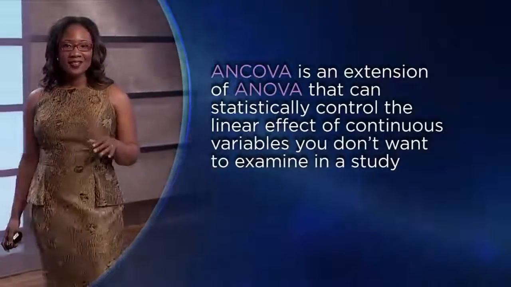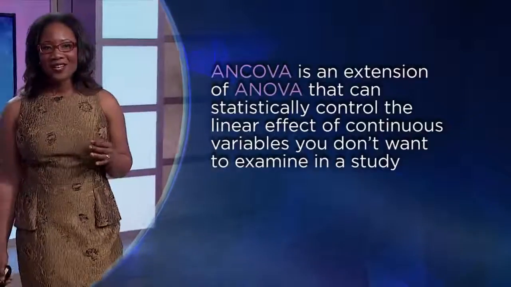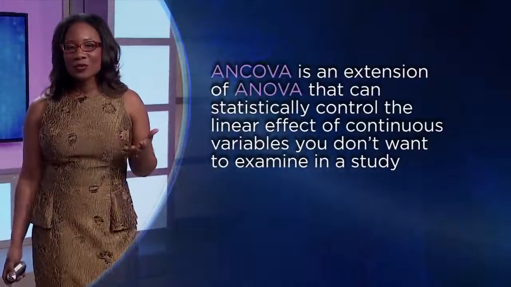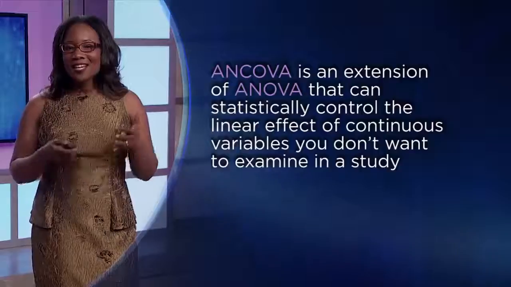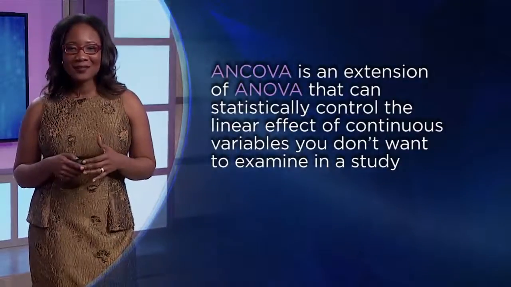So remember, analysis of covariance is an extension of ANOVA that can statistically control the linear effect of continuous variables that you don't want to examine in a study. Now, ANCOVA allows researchers to remove the effects of some previous continuous variable in studies where maybe direct experimental methods aren't available to control for those variables.